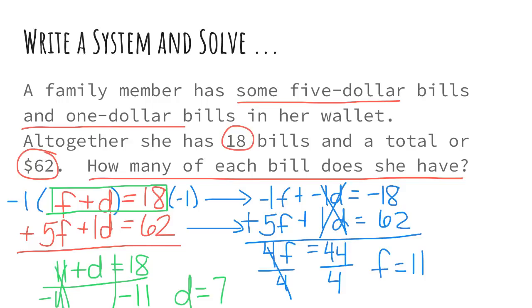So the answer to my problem is that she had 11 $5 bills and 7 $1 bills.